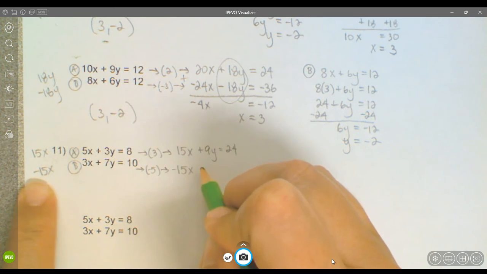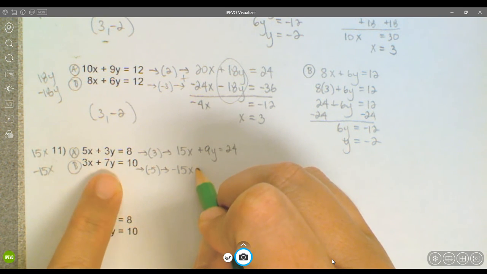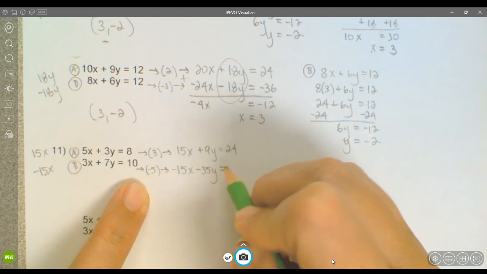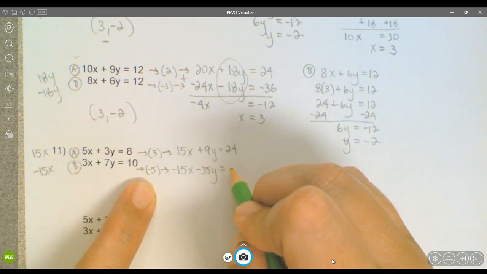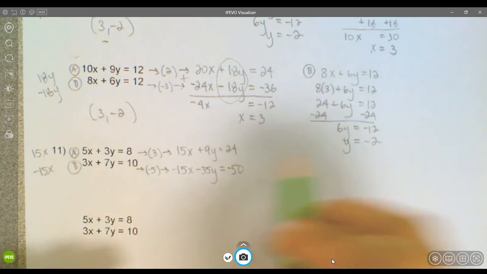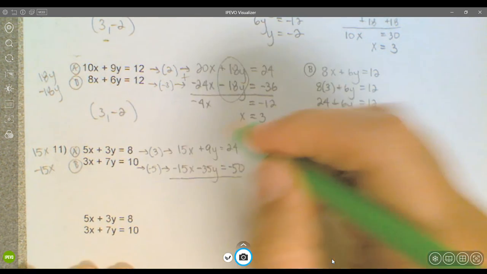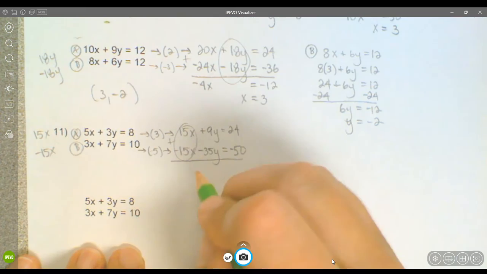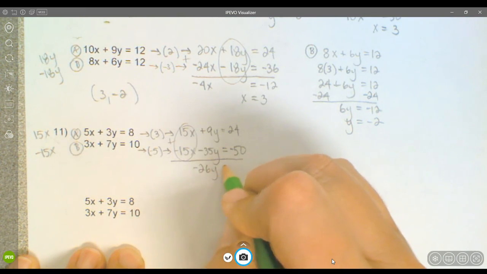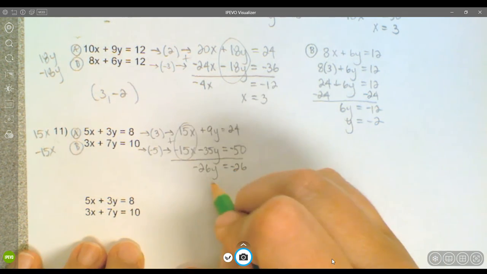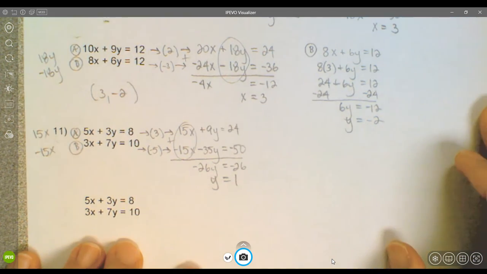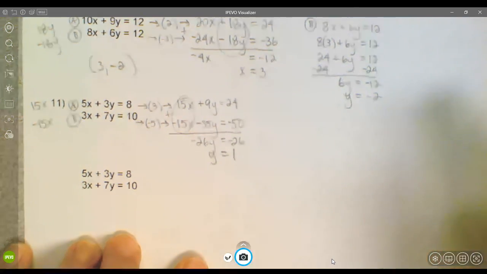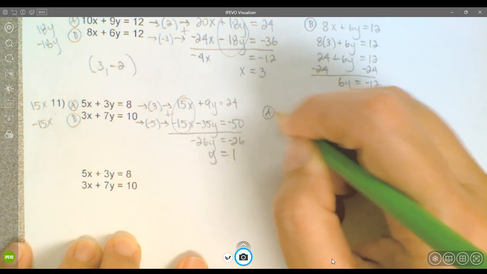So we'll get negative 15x. 7 times negative 5 is negative 35y. 10 times negative 5 is negative 50. So when we add, my x's will eliminate, and I find that negative 26y equals negative 26, and so y equals 1. So let's substitute into equation A.